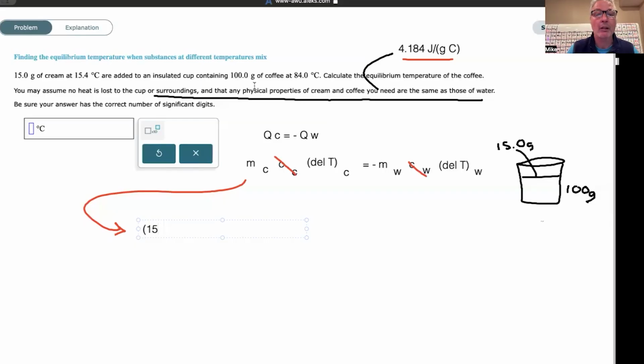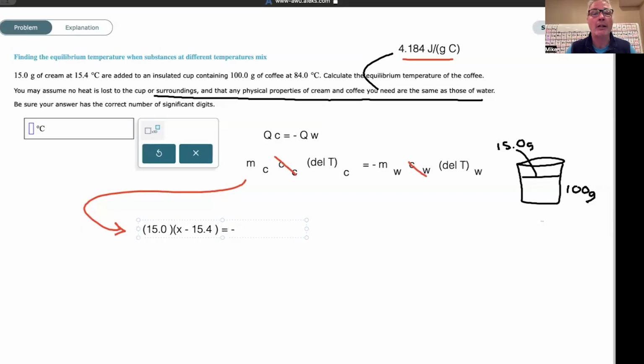Okay. So we got 15 grams. Like the last one, I'm going to drop the units. 15.0, just for the sake of it, times C, which is the same thing, times delta T, which is we're going to call final minus initial. The initial temperature of the cream was 15.4. I'm going to lose the units here.